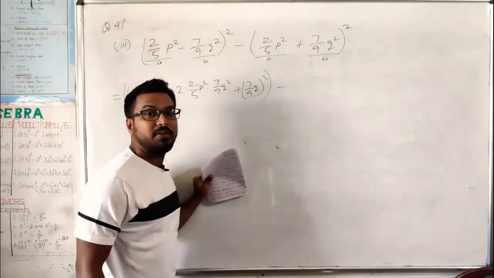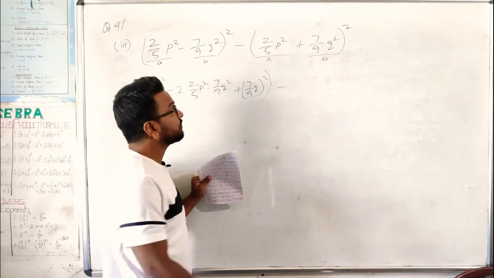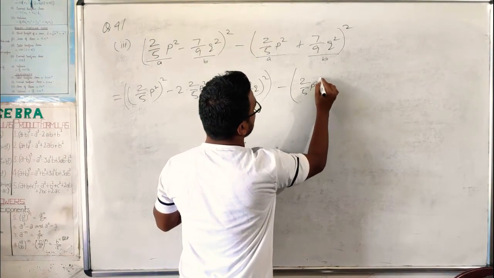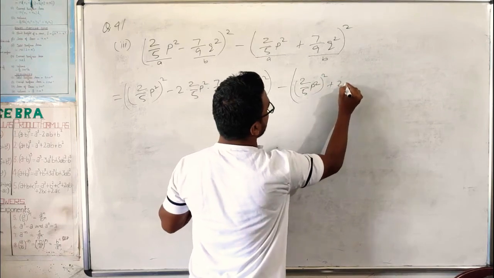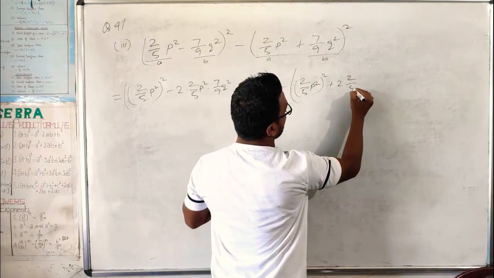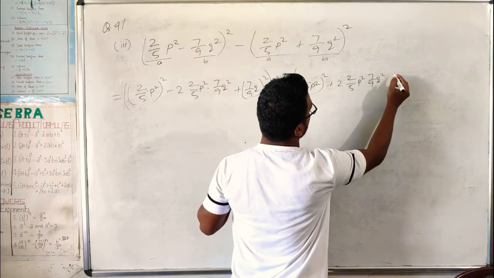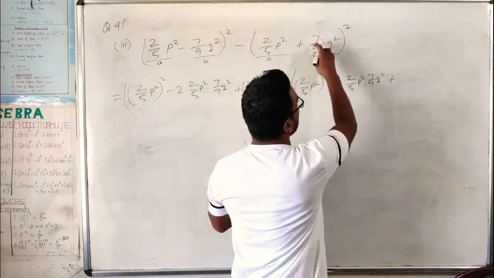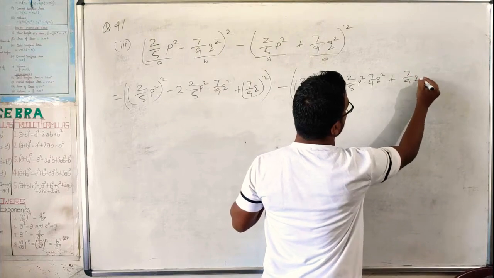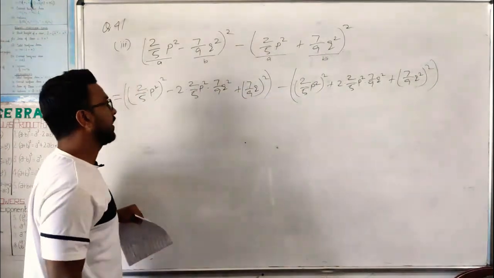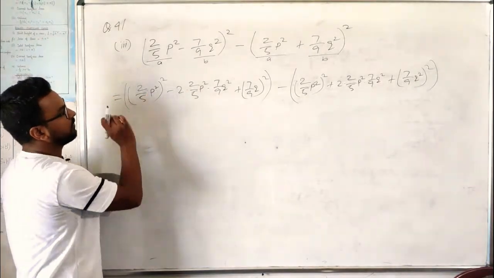The a plus b whole square formula will apply here. So what is a? A is 2 by 5 p square whole square plus twice ab. A is 2 by 5 p square, b is 7 by 9 q square, plus b square, b is 7 by 9 q square whole square. We'll apply this one.